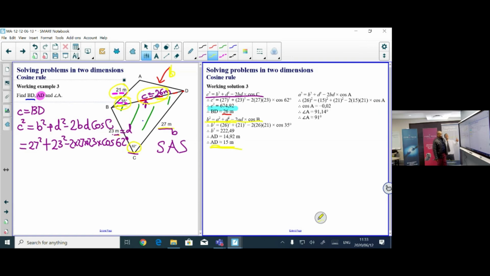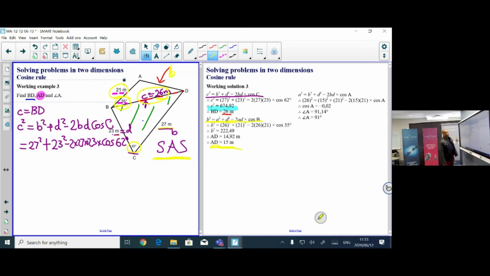Finally, you are also asked to find the angle A. So to find your angle A, you notice which SAS is going to include that angle, and then it should also be one of your steps to make cos A the subject of the formula, because you are looking for an angle this time.